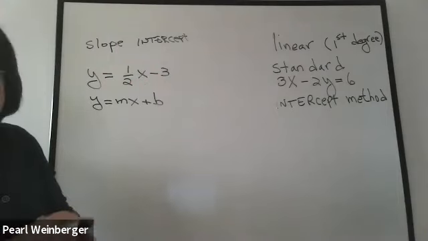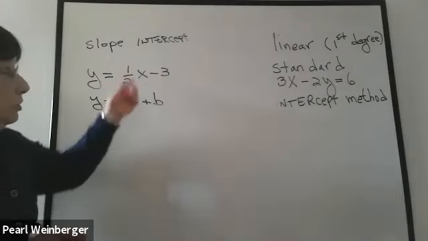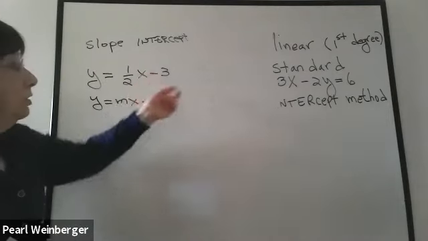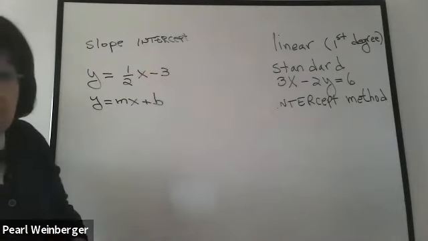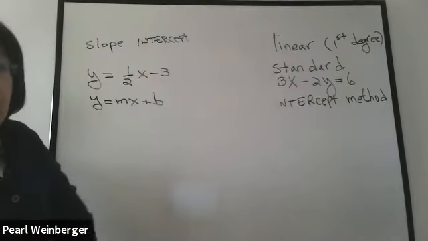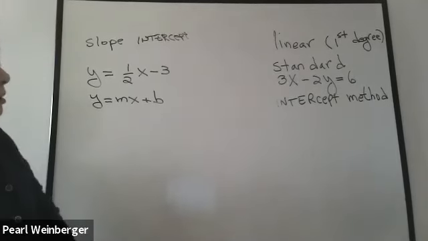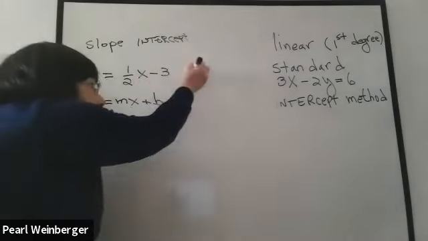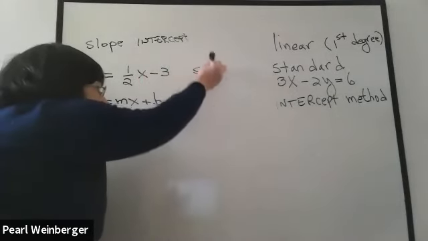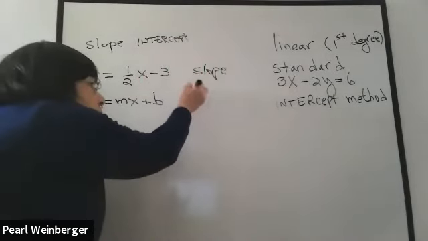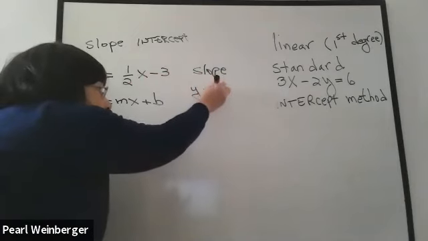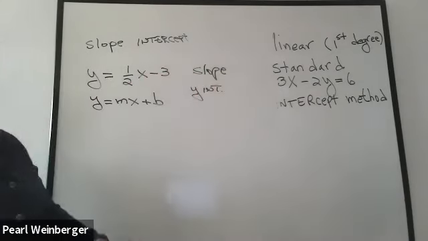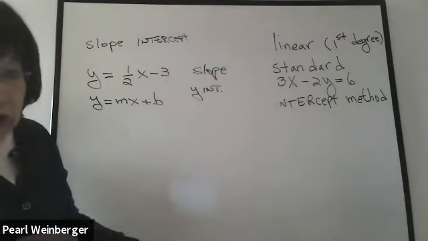Depending on the coefficient of the x, and the number that stands alone, not connected to the x, that will tell us information about something called the slope of the line and the y-intercept.